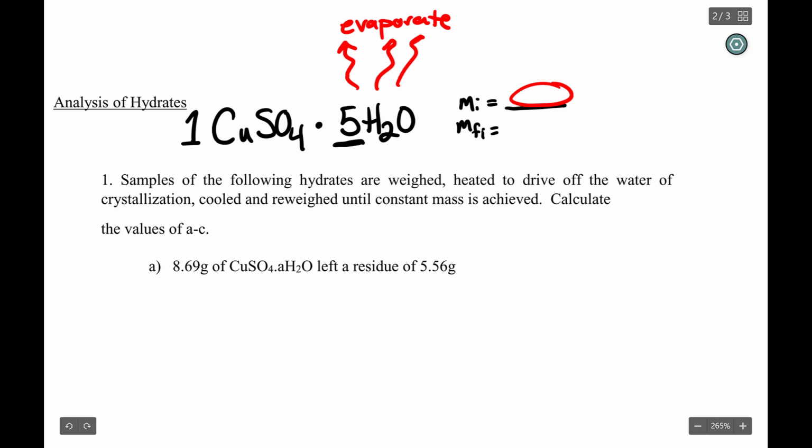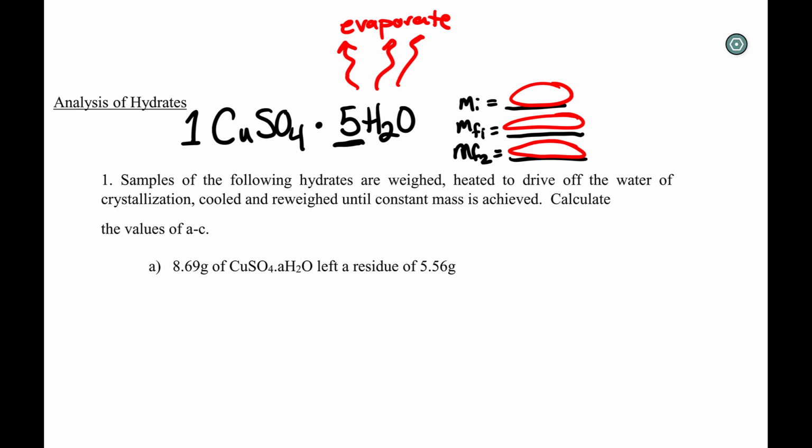You'd weigh it, and then you would heat it up again, and you would weigh it. And you would heat it up again, and you would weigh it until these values become very, very constant. Then you know you've driven off all of the water. And if you've driven off all of the water, then you can figure out the mass of water that is left.